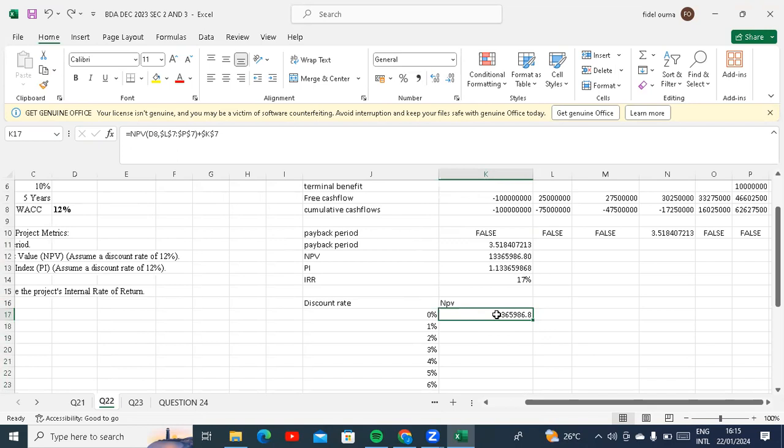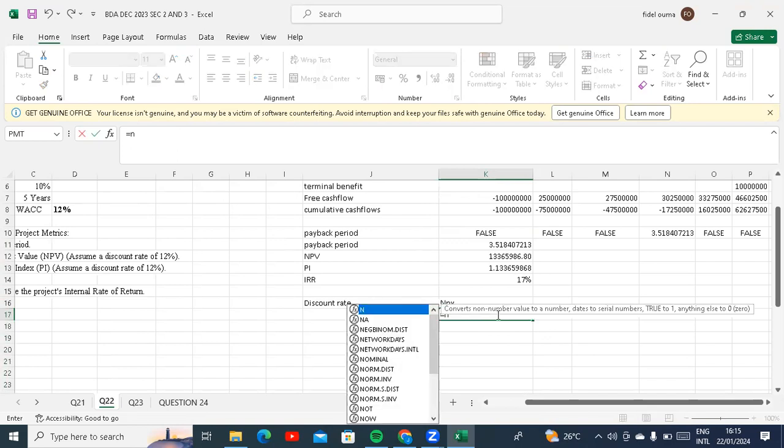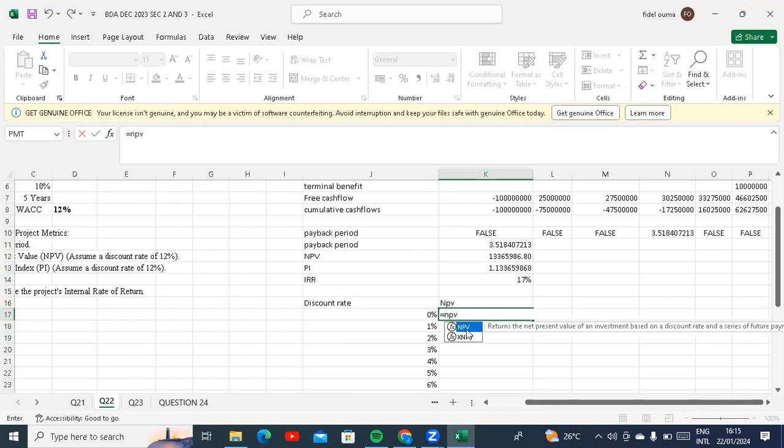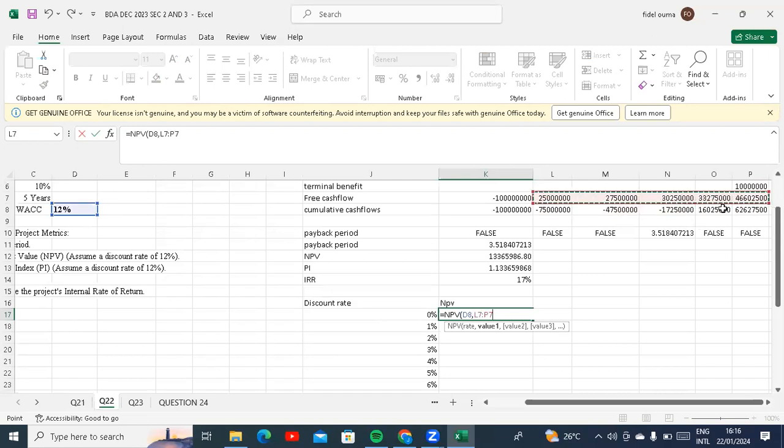Let me undo it. So this is equals NPV, rate, which is the discounting rate you are using, 12. And the values, pick that.